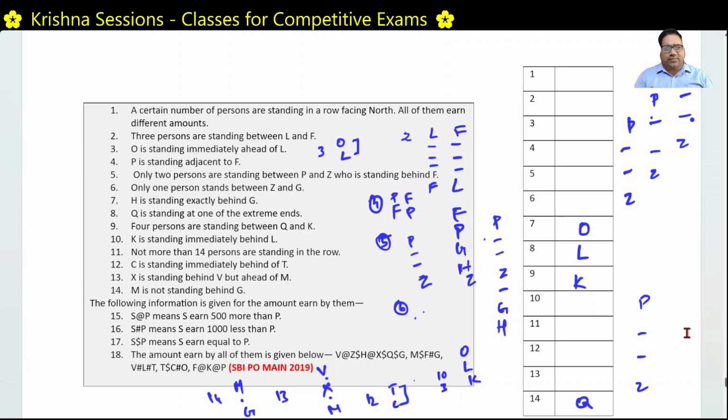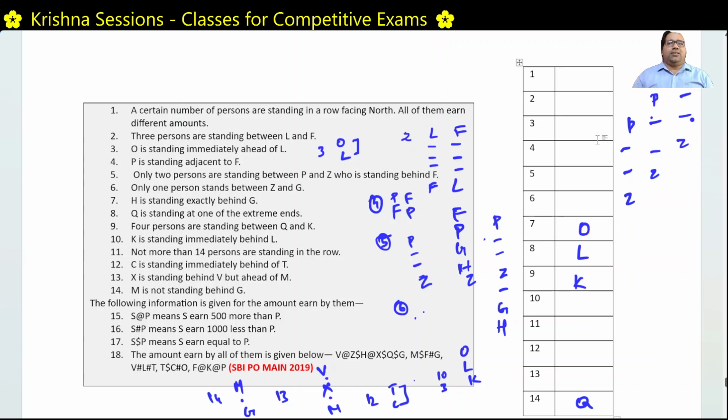If G has to take this, then F has to take this, which is what we had discussed, right? F has to take this, which is clearly not possible. So P double space Z here is not possible. There is no room for P here.